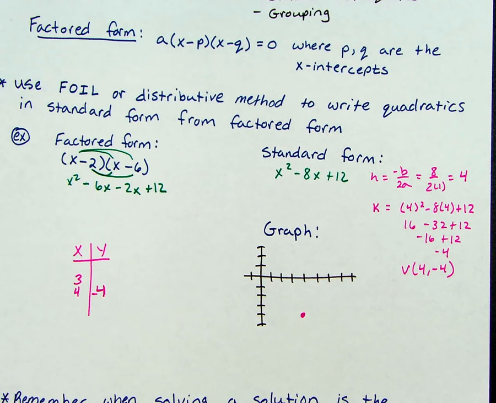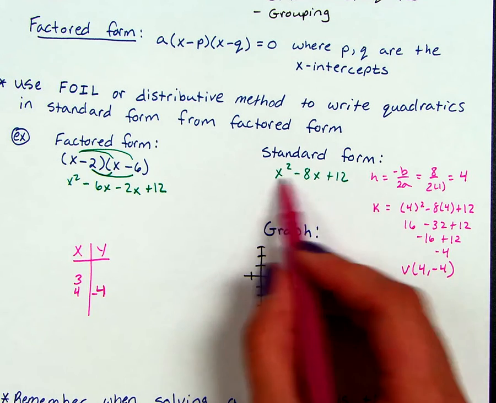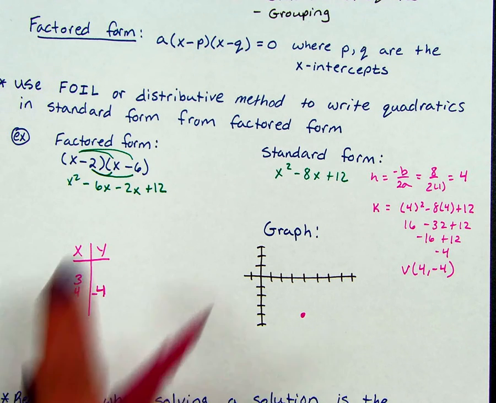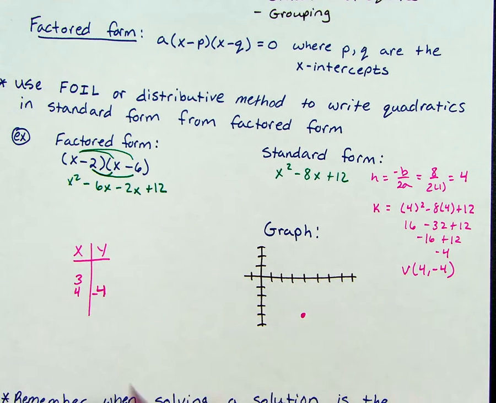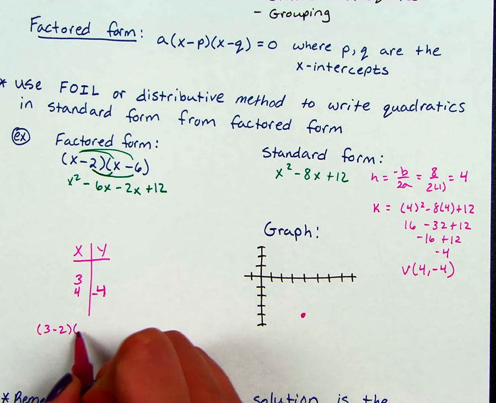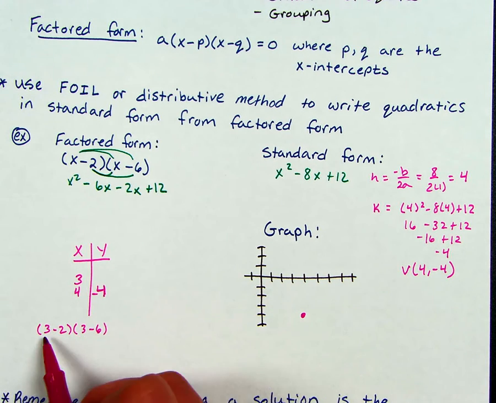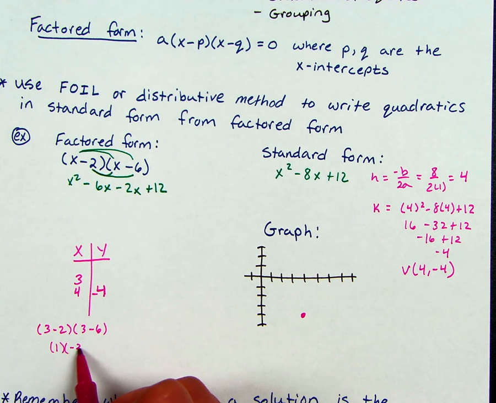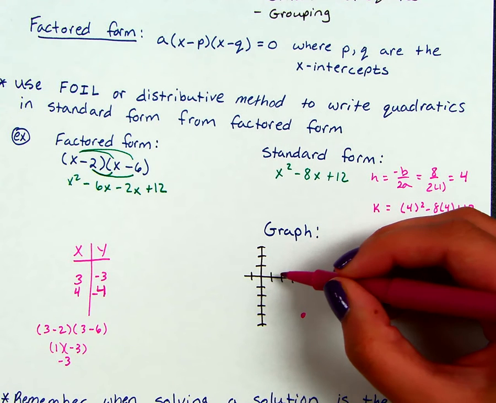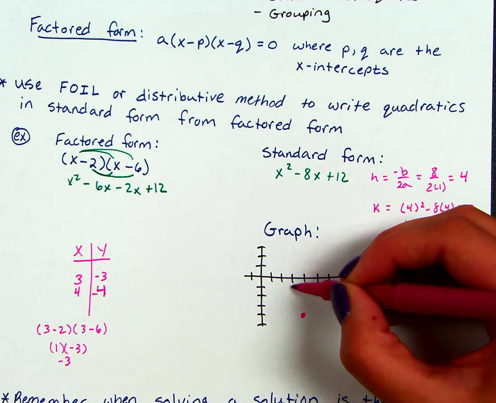If I substitute 3 in for the x in this form, or I could even do it in the other form, they're the same equation, so it's not going to matter which form we use. It might be a little faster to use this form since we know what it is. We would take 3 minus 2, times 3 minus 6. That gives us 1 times negative 3, which is negative 3. So we're going to go right 3, and then down 3.